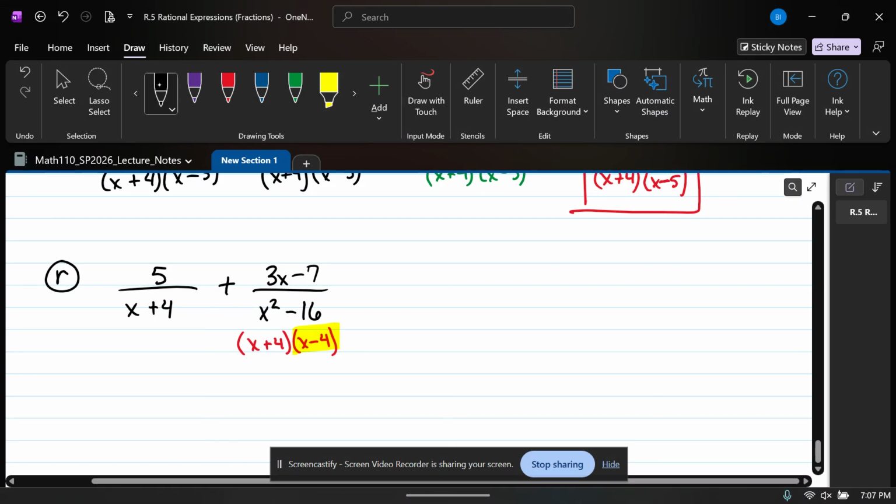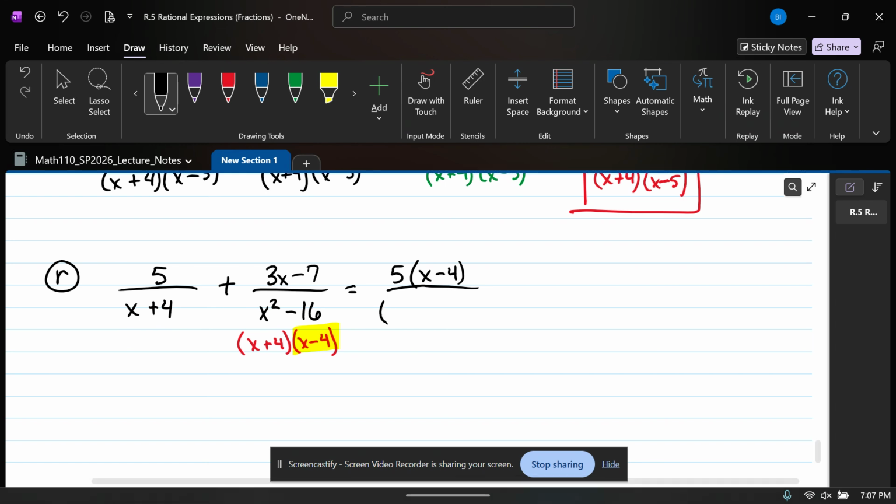So when I go to do this, I'm going to take that 5 and multiply it by x minus 4. And the bottom part, I'm going to take that x plus 4 and multiply it by x minus 4 because it was the part that was missing. The second fraction already has both of those, so I'm not going to change it. I'm just going to rewrite it as x plus 4 and x minus 4.